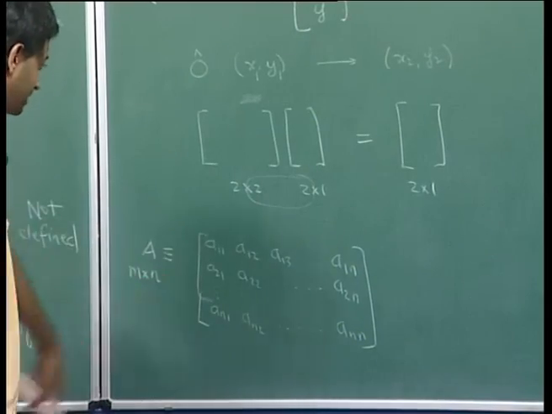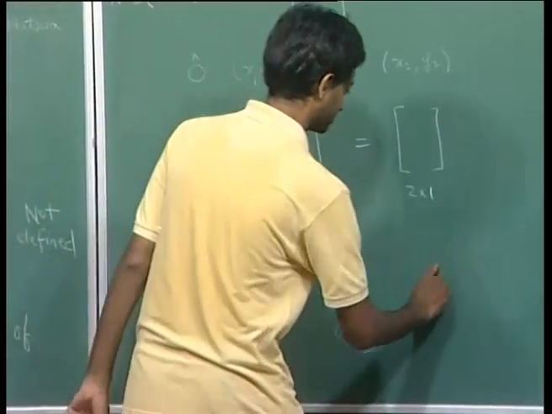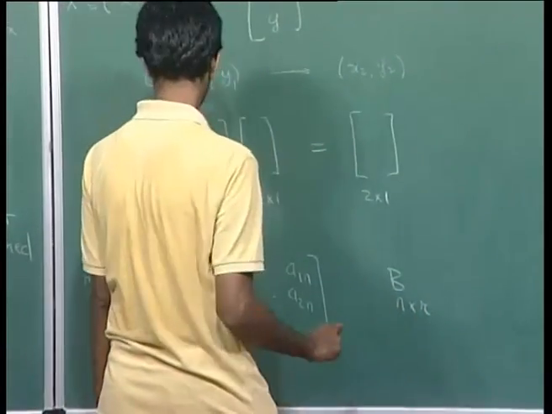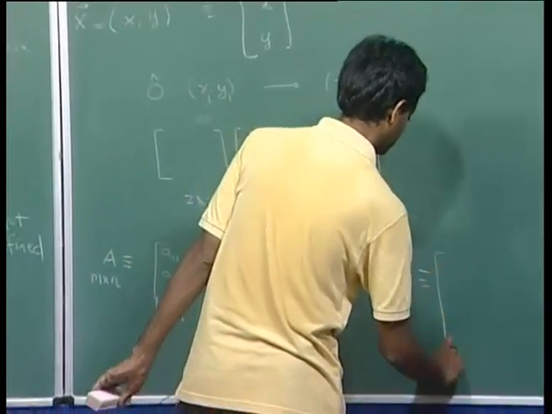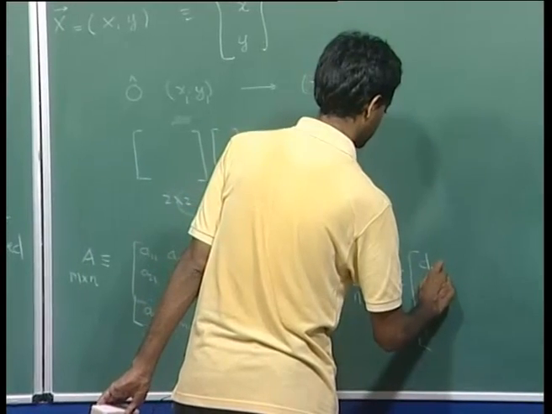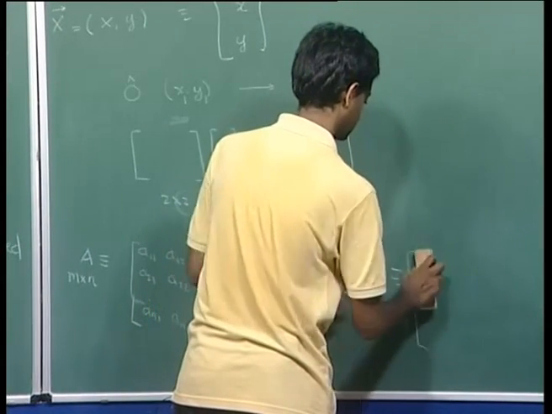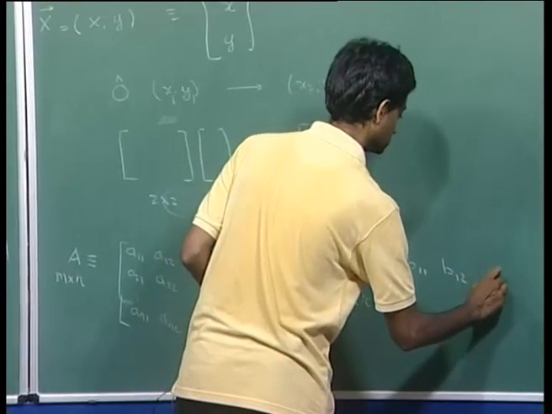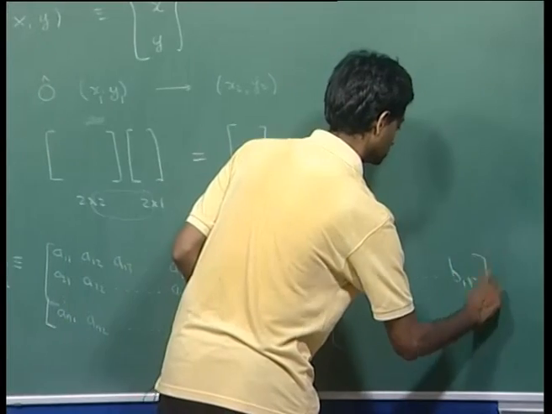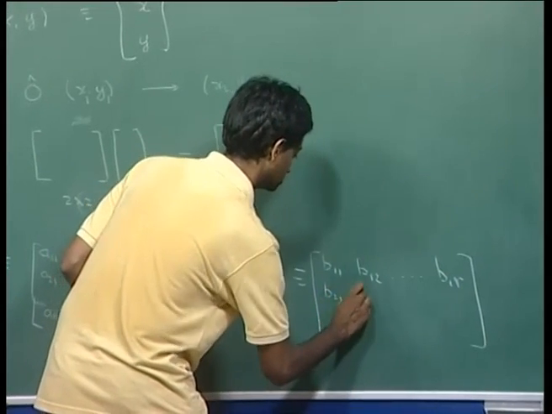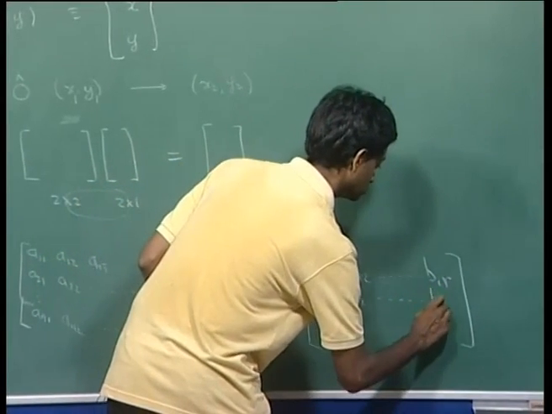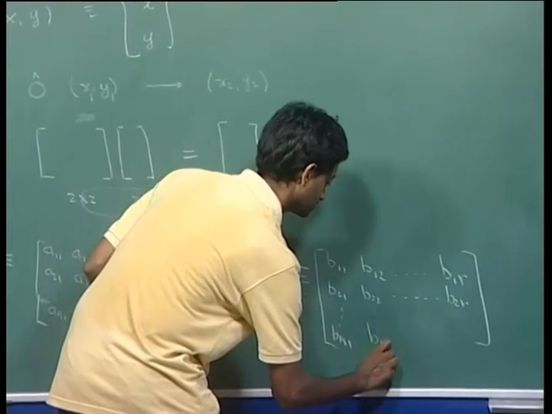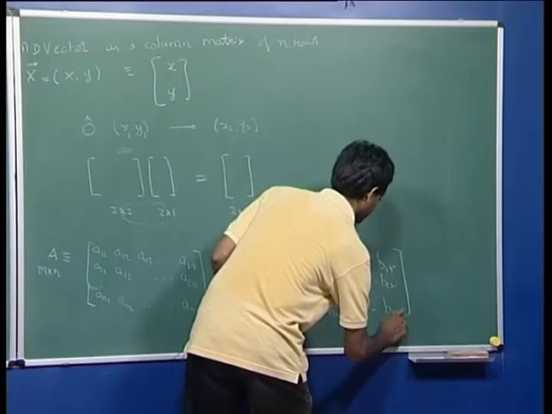And an m by n matrix can multiply another matrix of order n by r. Okay. So if the elements of B are represented as B 1 1, all the way up to B n r.